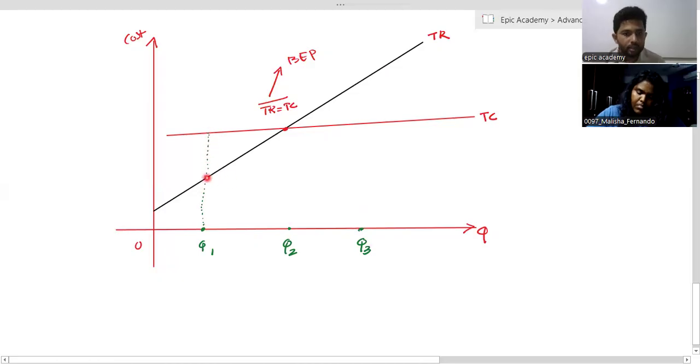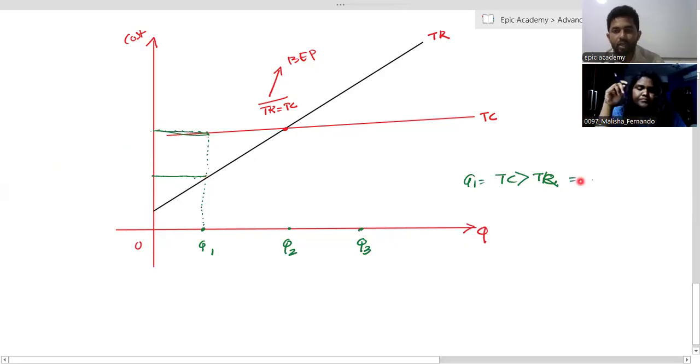In here, you can identify the value for the TC takes greater value than the TR. Yes. At the Q1 point, TC takes greater value than the TR. So as an example, this is TR. This is TC. TC takes the greater value.